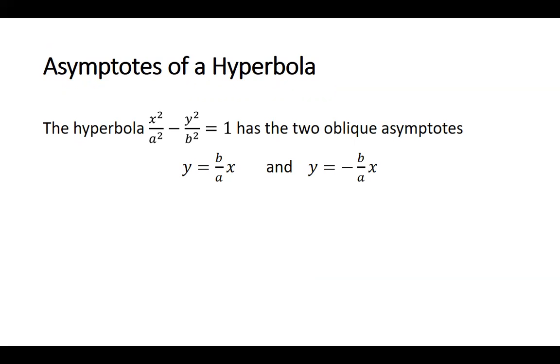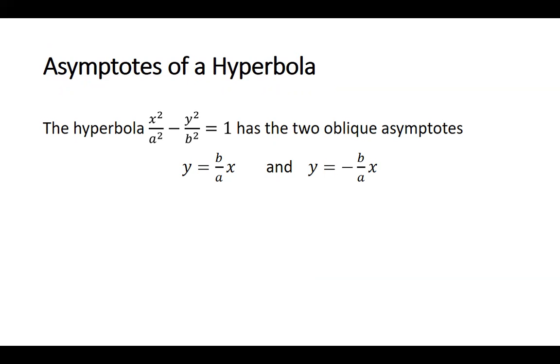So if you have the hyperbola x squared over a squared minus y squared over b squared is equal to 1, it has two oblique asymptotes, and those asymptotes are y equal to b over a x and y equal to negative b over a x. Now, remember that b over a or negative b over a is giving us the slope of these asymptotes.